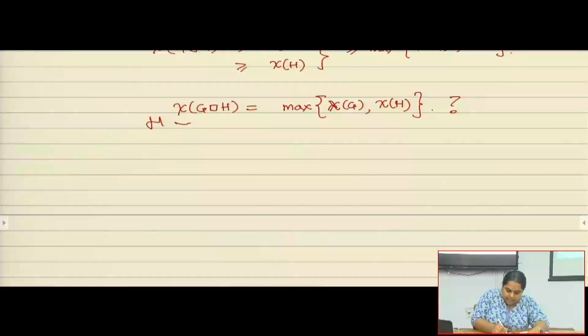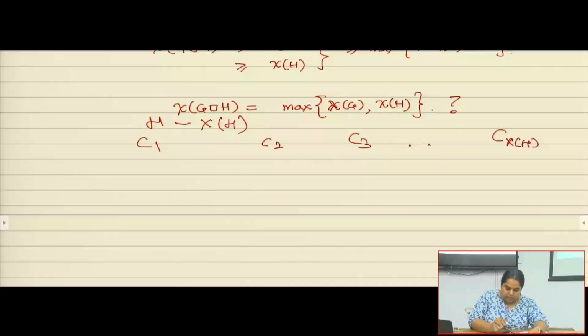So now H is chi H colorable. Let these be the color classes. Now for each color class of H, consider G Cartesian product H. Basically, I can imagine that the cardinality of H number of copies of G will be there.